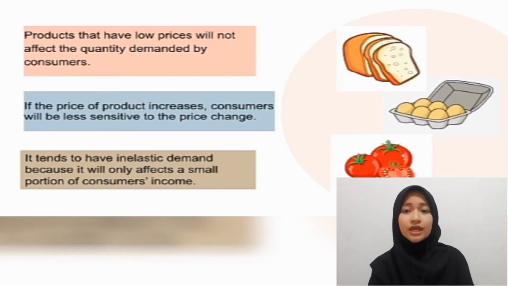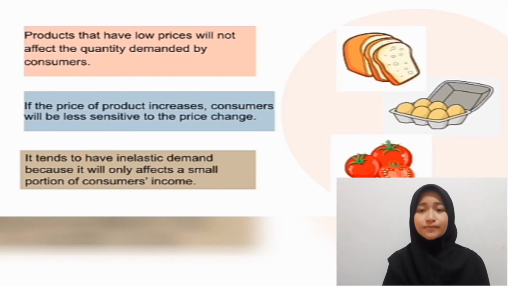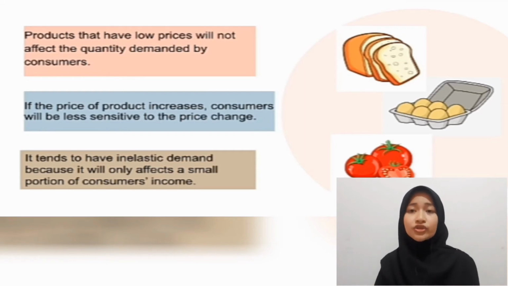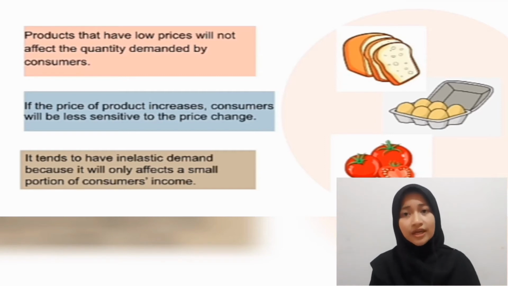For example, if the price of eggs increases by 20 cents, the consumer will still buy the eggs. It is because the price change will not affect the consumer's income, as the goods are cheap, so that's why the demand will be inelastic.